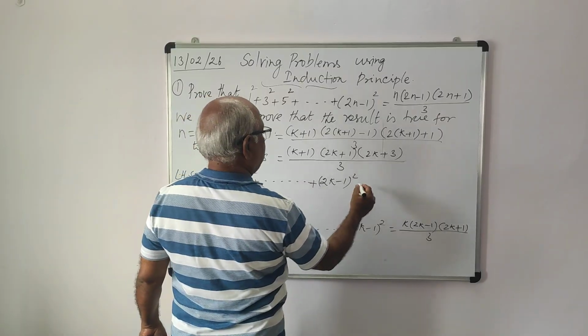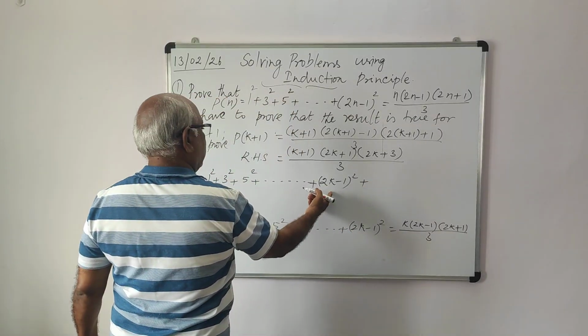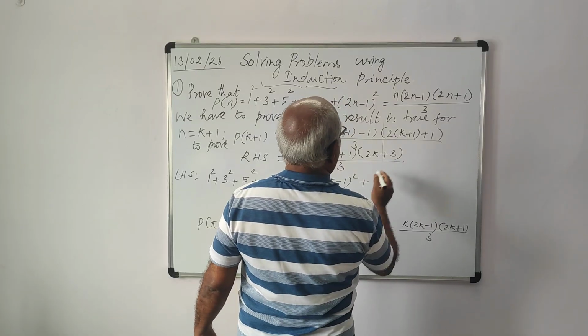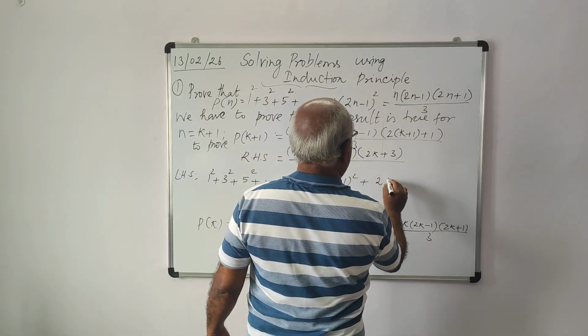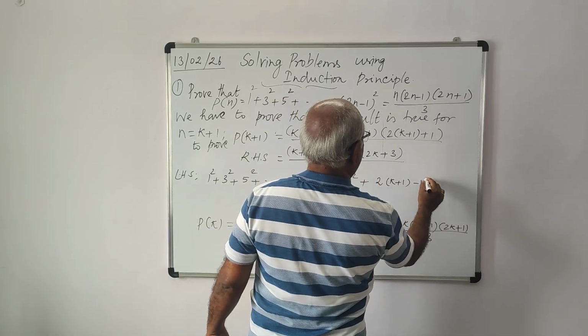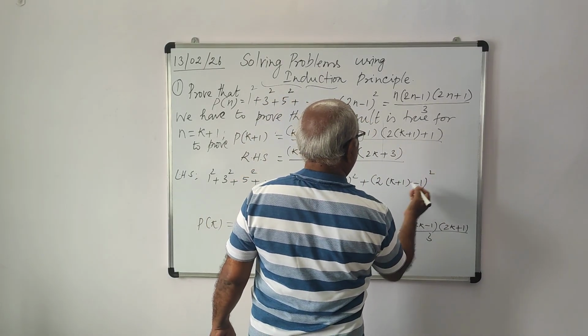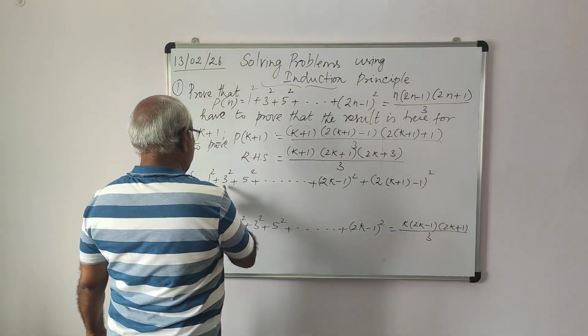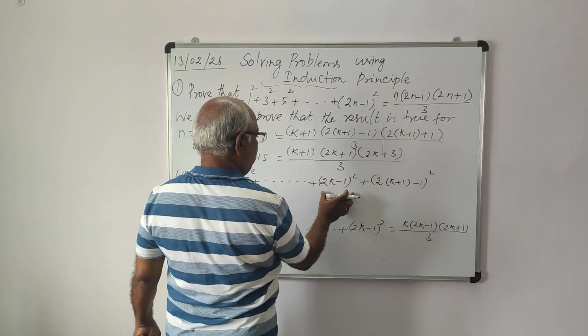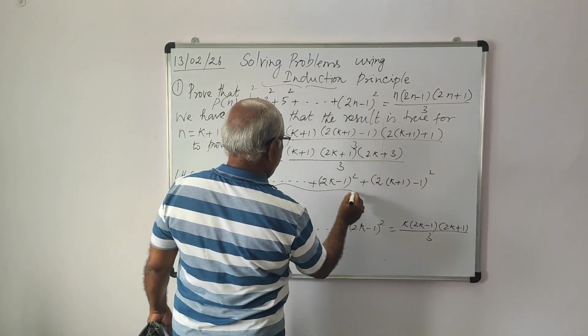This is k. And the next step is k plus 1: 2 into n for k plus 1 minus 1 whole square. This is our left hand side: 1 square plus 3 square plus 5 square etc. plus (2k minus 1) square up to k. This is P of k.